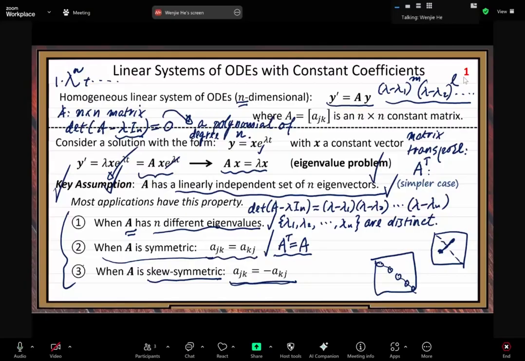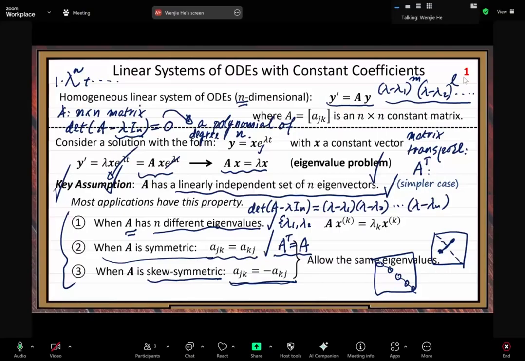So you can see the big picture. What are you doing? After that, you can find eigenvectors, and their eigenvectors are linearly independent automatically, so you don't worry.